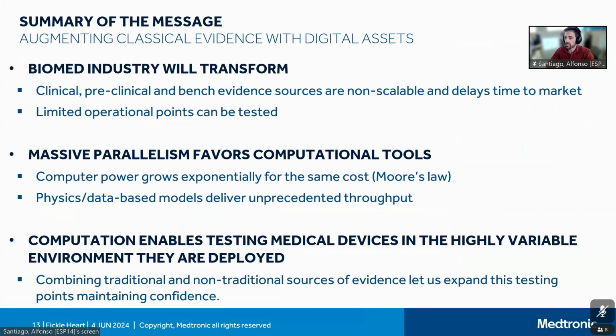So to finalize, I just want to summarize a few ideas of the slides. First of all, the biomedical industry will transform in the same way the automotive and the aerospace industry did 30 years ago. We are only behind that schedule because we have a very strict regulatory environment.